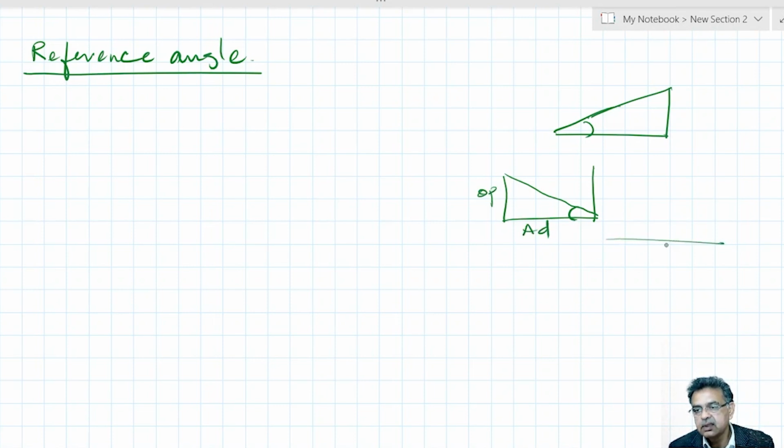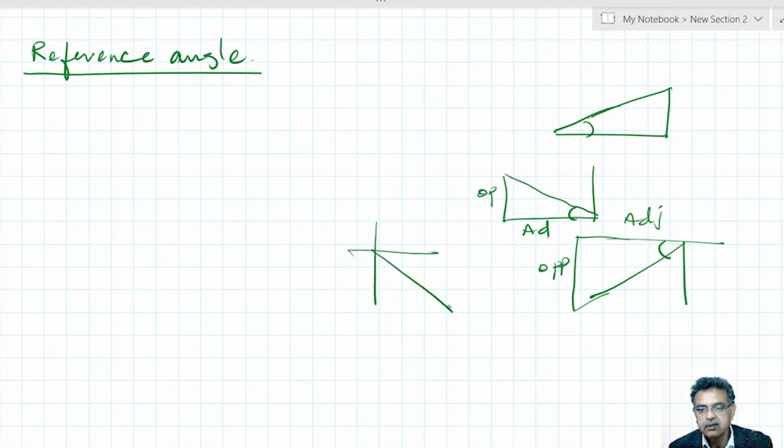In third quadrant, the line will be here, then right angle triangle will be here, and this will be opposite, and this is adjacent. In fourth quadrant, if line is here, then the triangle will be formed this way. Then this will be the opposite and this will be adjacent.